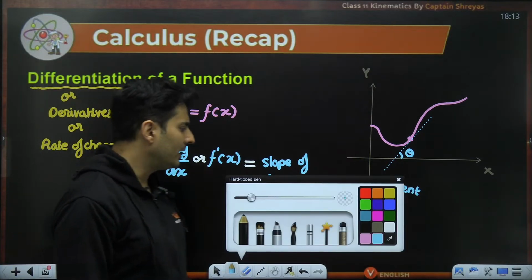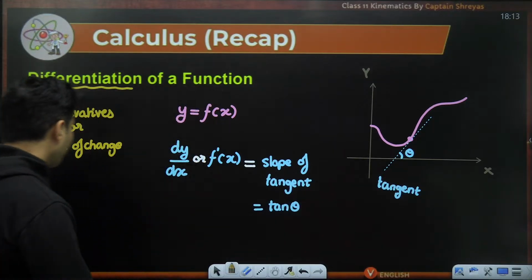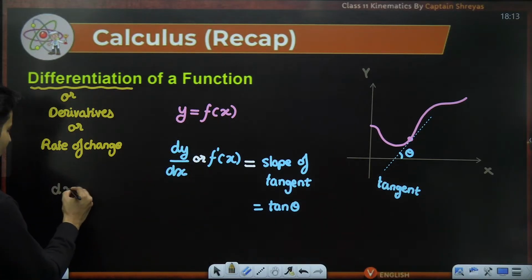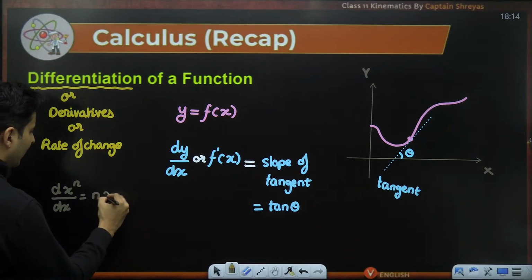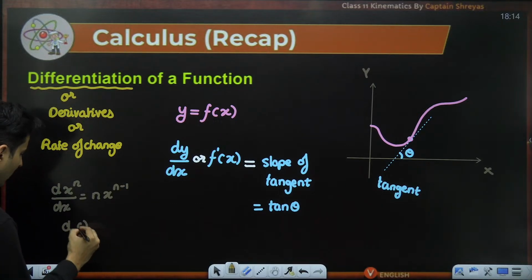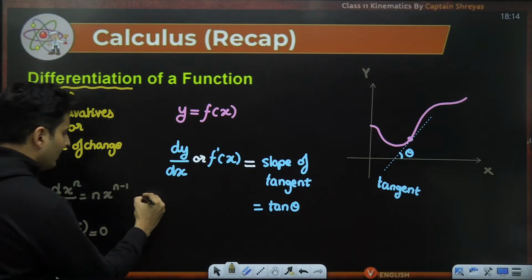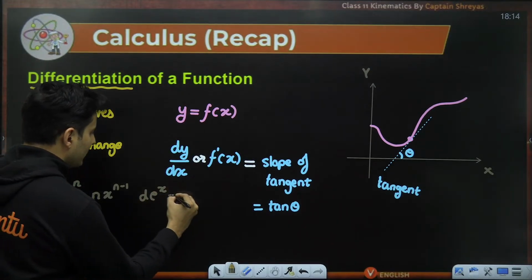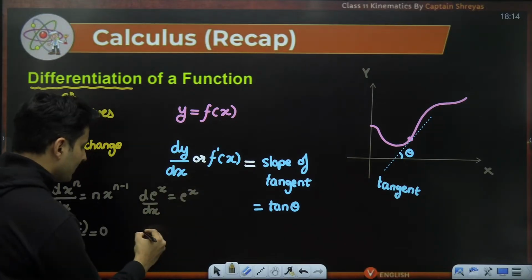And then we have seen common derivatives of many functions, like for example, derivative of x raised to n with respect to x is nx raised to n minus 1. Then derivative of a constant with respect to x is 0. Then we have also seen derivative of e raised to x with respect to x is just e raised to x.